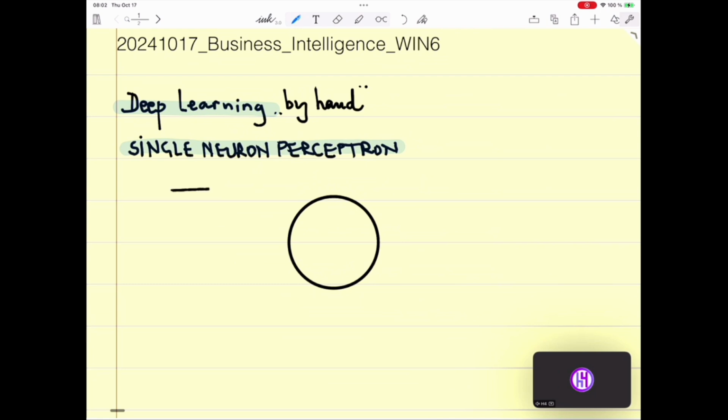It gets certain sets of inputs, x1, multiplies the input with a weight and puts the input into the neuron. And we do that for several inputs.